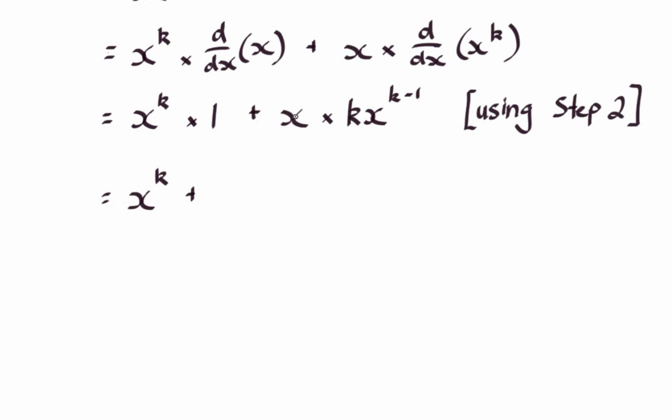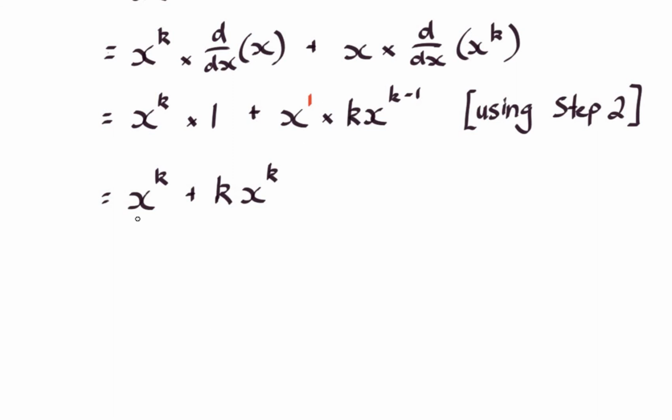We've got an x term times another x term, so we can add the powers. Now this is just x to the power of 1. So we have k minus 1 plus 1. All we end up with is k times x to the k, because the minus 1 and the plus 1 cancel out.